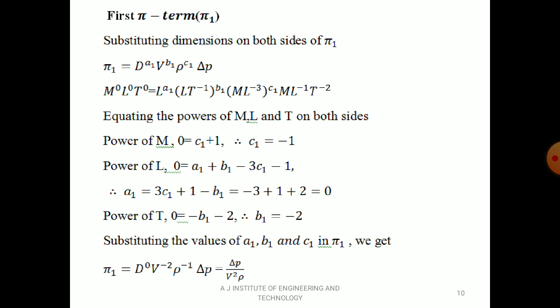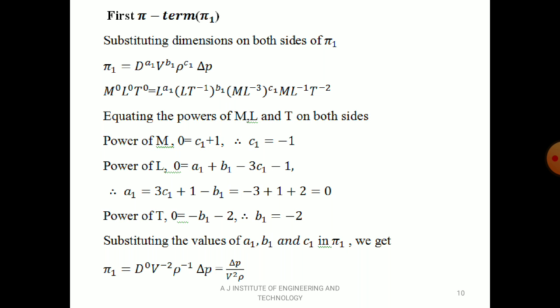So 0 equal to c1 plus 1, therefore c1 equal to minus 1. Next, equating the power of L: L to the power 0 on the left hand side and on the right hand side L to the power a1, L to the power b1, L to the power minus 3c1, L to the power minus 1. So the expression becomes 0 equal to a1 plus b1 minus 3c1 minus 1. Therefore a1 equal to 3c1 plus 1 minus b1.